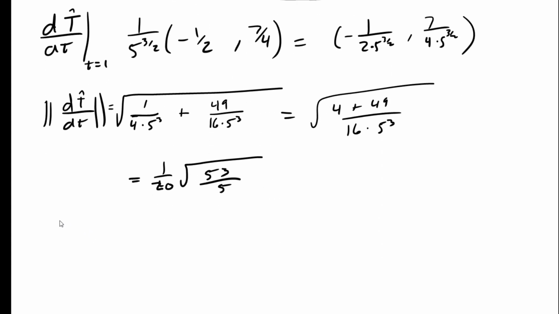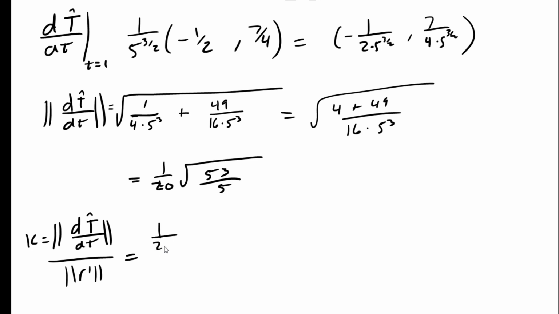So my answer, the curvature, is the norm of T prime over norm r prime, which is 1/20 root 53/5 over 2√5.